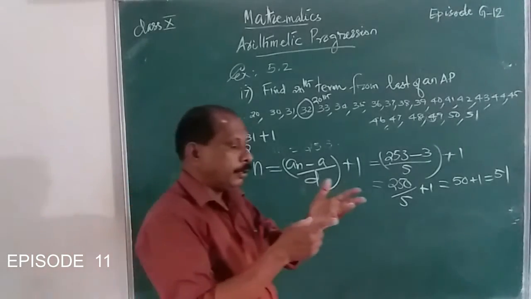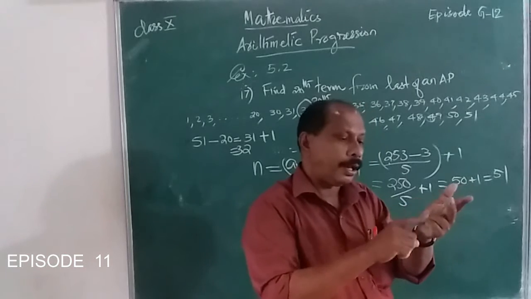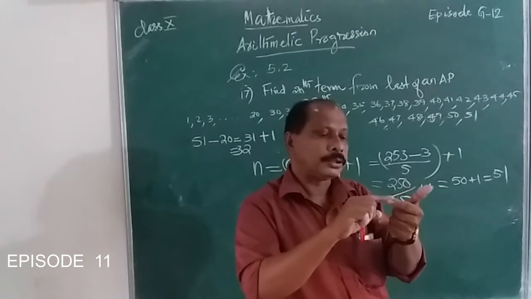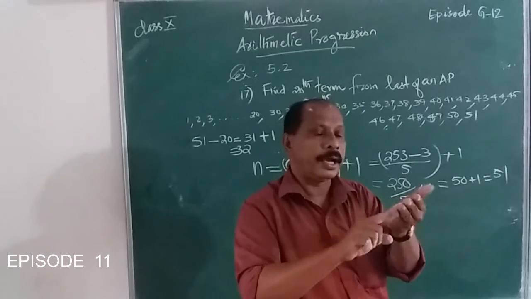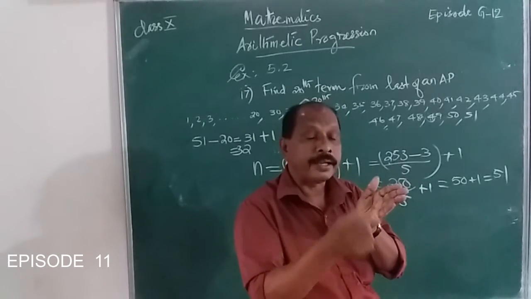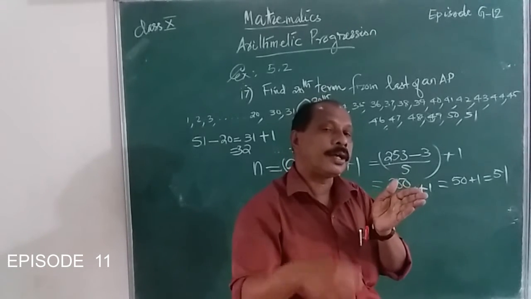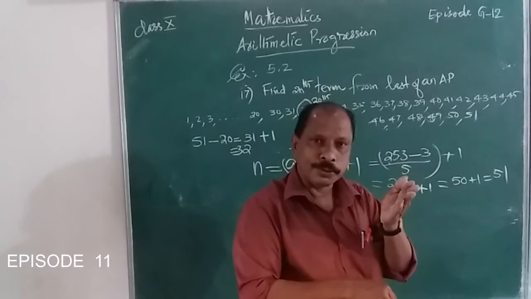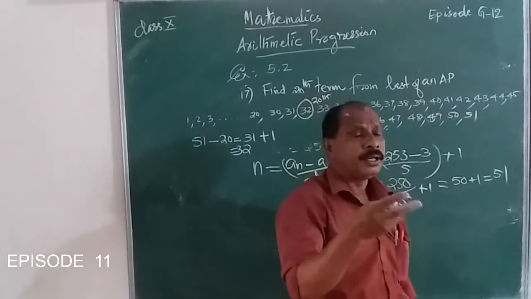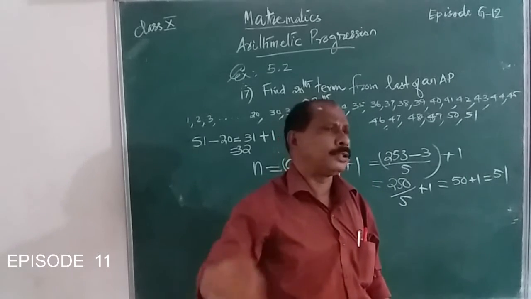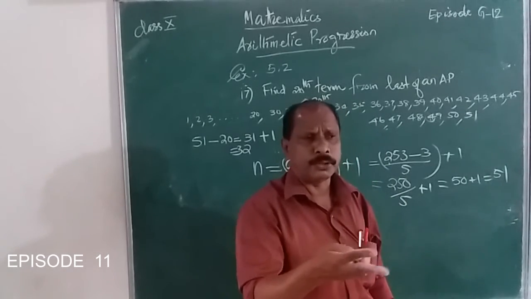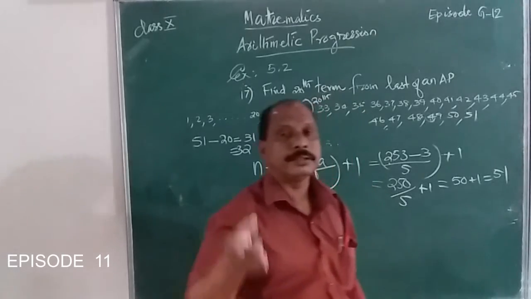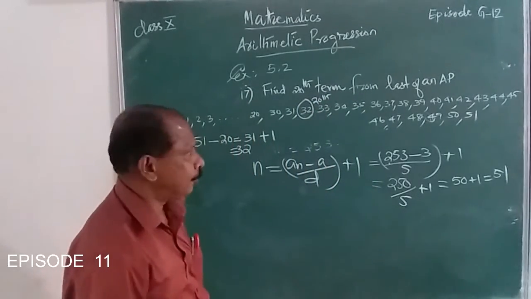For example, 10, 11, 12, up to 19: that means 10 to 19 is 10 terms. Then 10 to 20 is 11 terms. That means last term minus first term, by common difference, plus 1. Here the last term is 51, the first term is 20, the common difference is 1, plus 1. Clear?